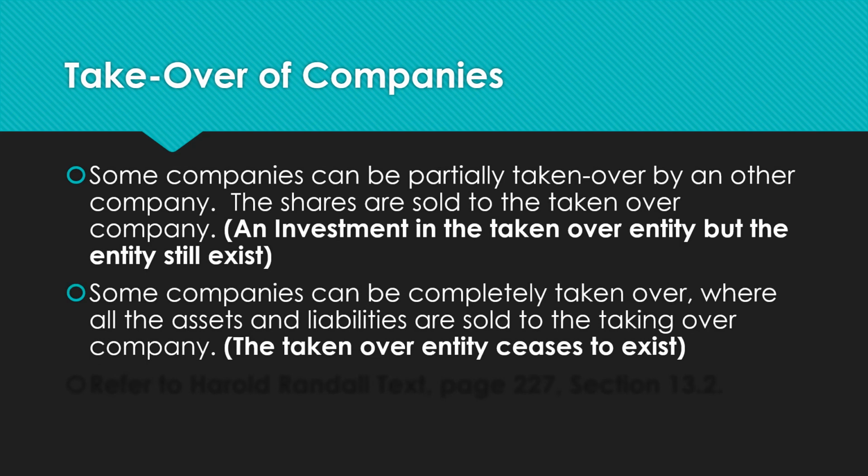Now, some companies also can be completely taken over. So if company A is taking over company C completely, all of company C's assets and liabilities are sold to the taking over company.